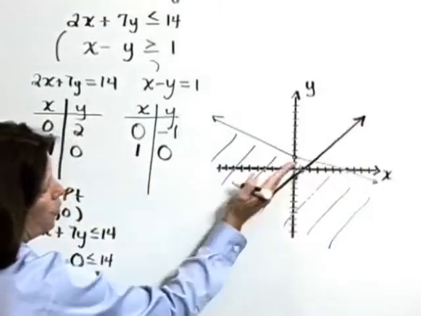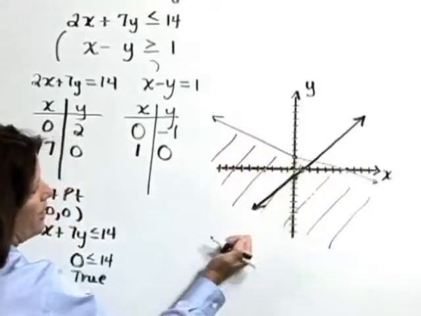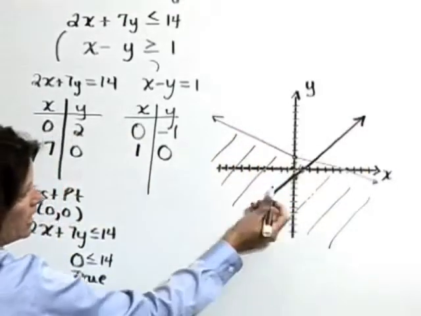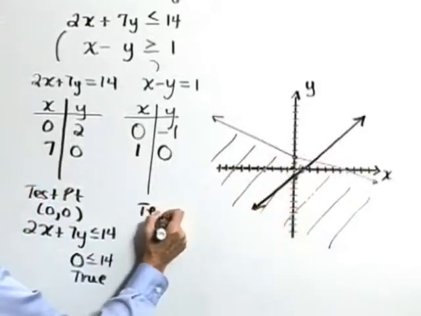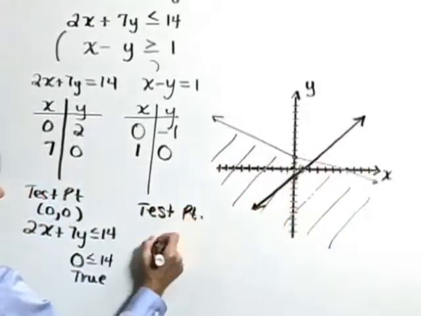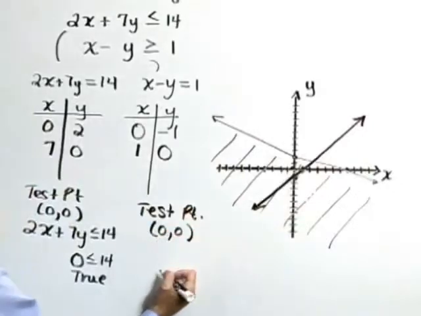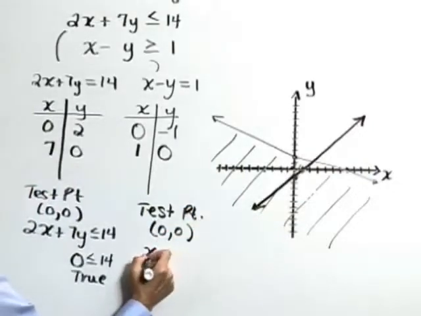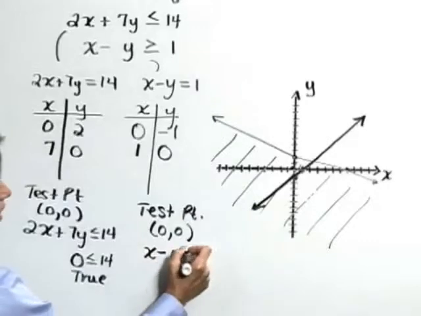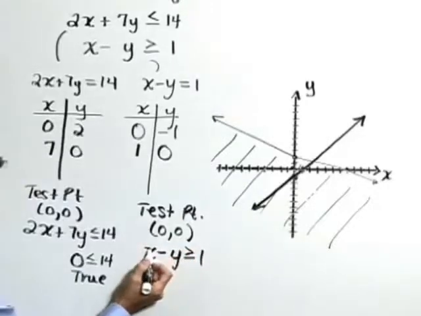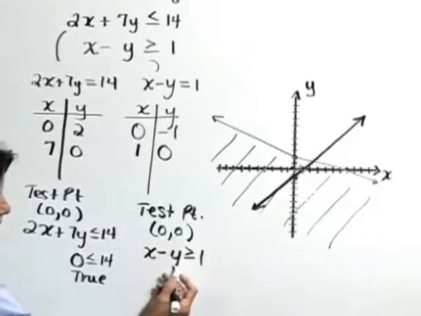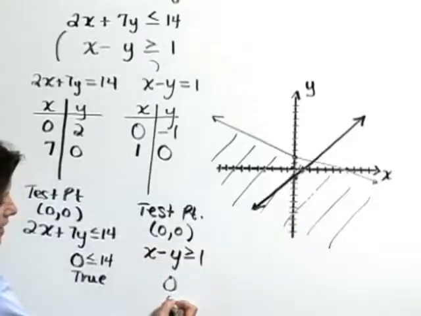And let's determine which side of this boundary line to shade. Again, we can test the origin because it's clearly off of that line. So let's, again, test the point that is the origin at 0, 0. In the inequality statement, x minus y is greater than or equal to 1, if we substitute 0 for x and 0 for y, we'll get 0 on the left-hand side.